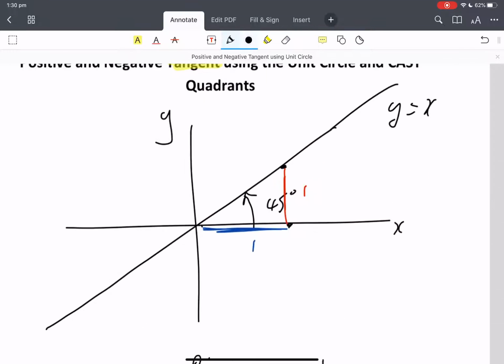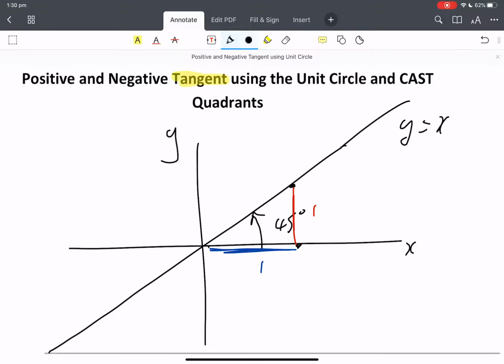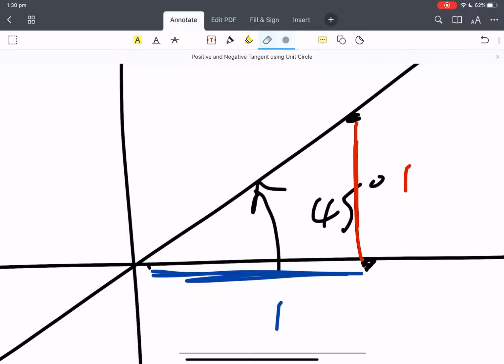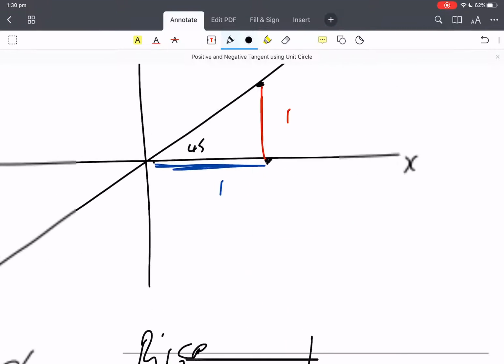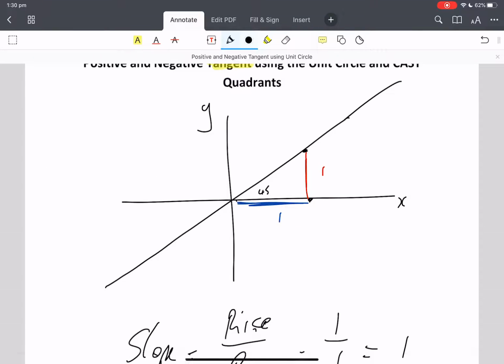We know that. So I'm going to cover that. I'm going to come back to this line and I'm going to rub out the line y equals x, and I'm going to draw that in a bit smaller. We know that that's 45 degrees.